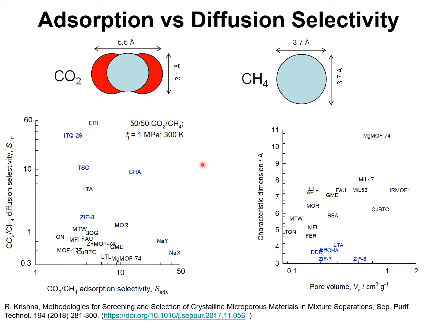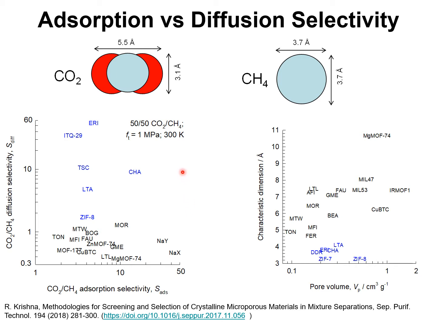We used molecular simulations of adsorption and diffusion to determine the CO2/methane adsorption selectivity and CO2/methane diffusion selectivity for a 50-50 mixture of CO2 and methane at a temperature of 300 Kelvin.